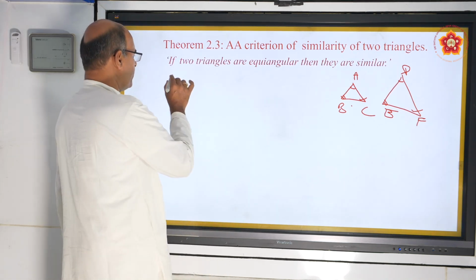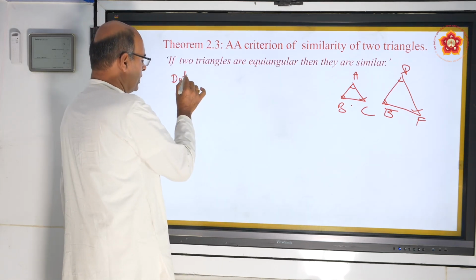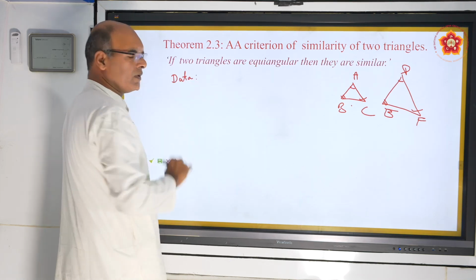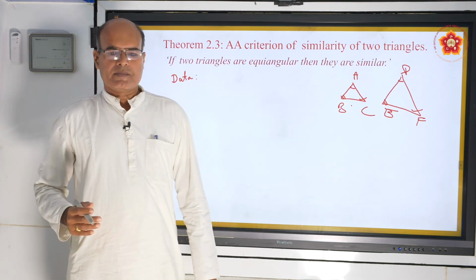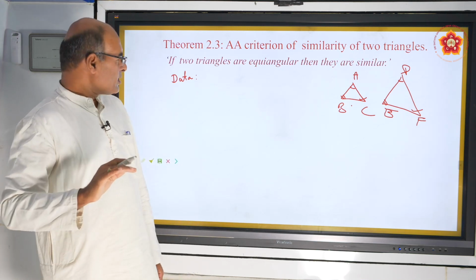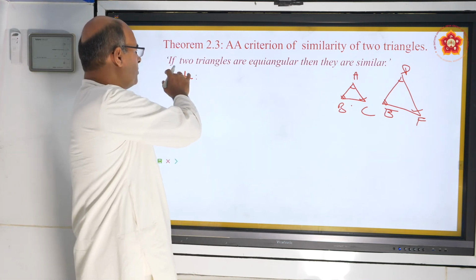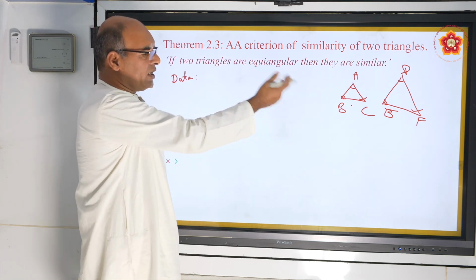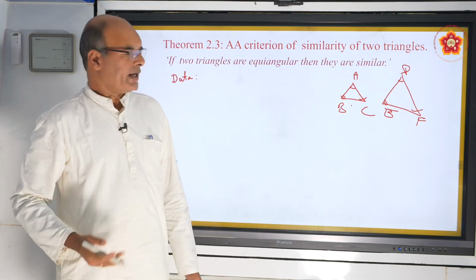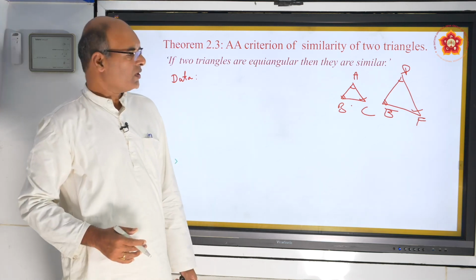So that is the diagram related to this hypothesis. Now write the data. You can call it data or given. It contains the mathematical form of the hypothesis related to the figure, or it is the explanation of the figure. So what is in the figure?